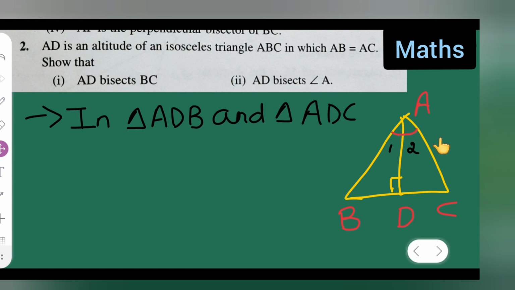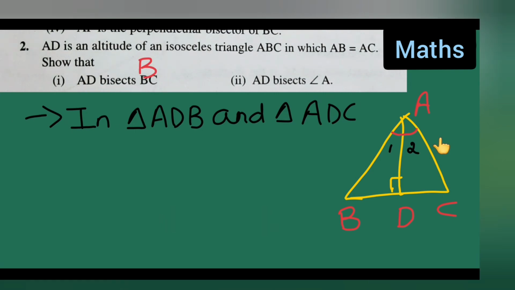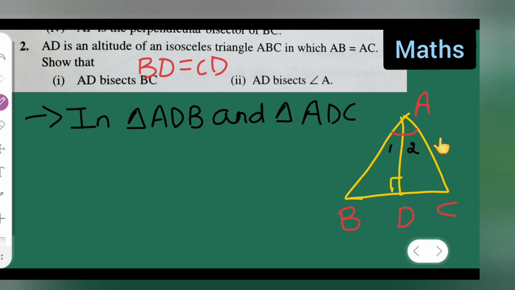So I have to show that BD is equal to CD, right? So here you all can say that angle ADB is 90 degrees. Both of them are 90 degrees.